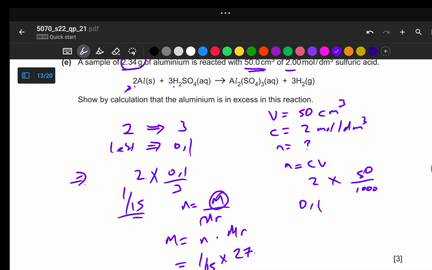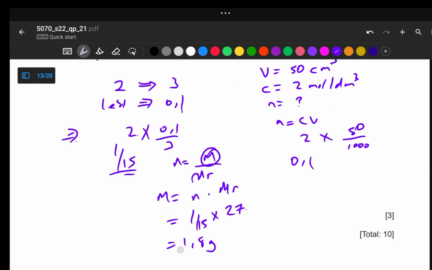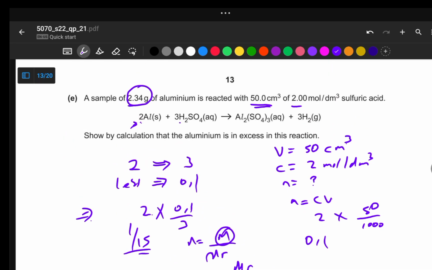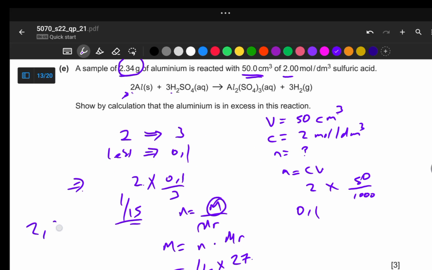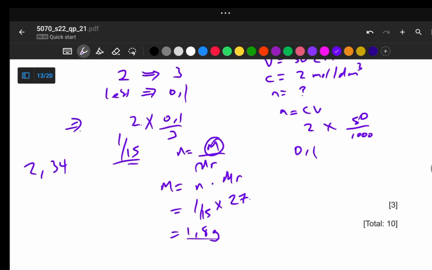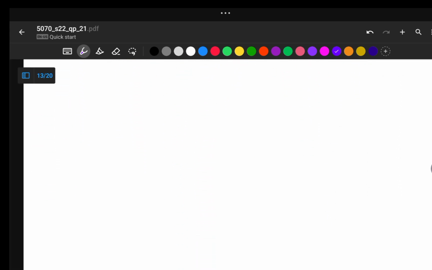So we are simply going to say multiplied by 27, and we are going to have 1.8 grams, right? So we have 1.8 grams reacting, and originally we started with 2.34, meaning to say from 2.34 we only used 1.8, meaning to say aluminium was in excess. It's simple as that, right? And we can now proceed to the next part.